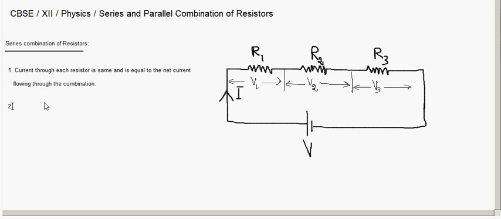In series combination, the sum of potential differences across individual resistors is equal to the net potential difference applied across the combination.